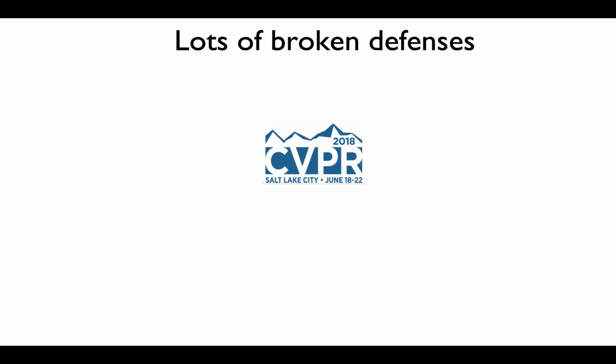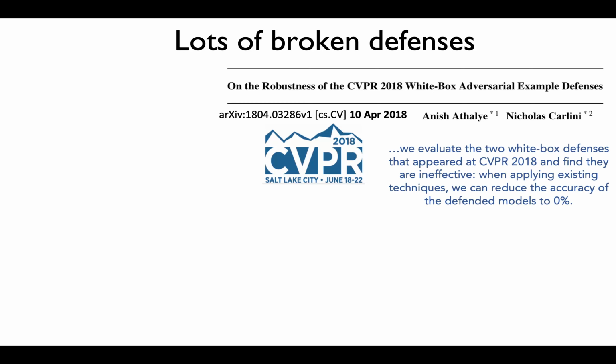And a few months before that, in April 2018, a paper was uploaded by researchers at MIT and Berkeley, Nicholas Carlini and his collaborators, which showed that some of the works that were going to be presented in CVPR are in fact not as robust. They showed that two white box defenses, when evaluated, were very ineffective. In fact, using some existing techniques, they showed that they can reduce the accuracy of the defense models to 0%.